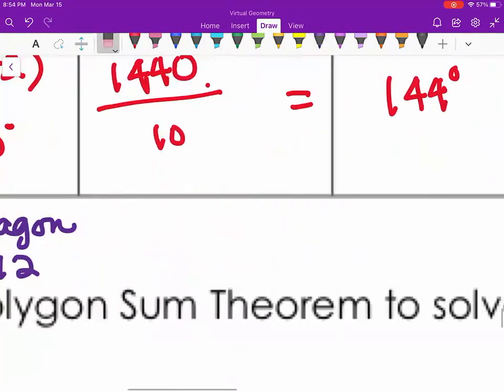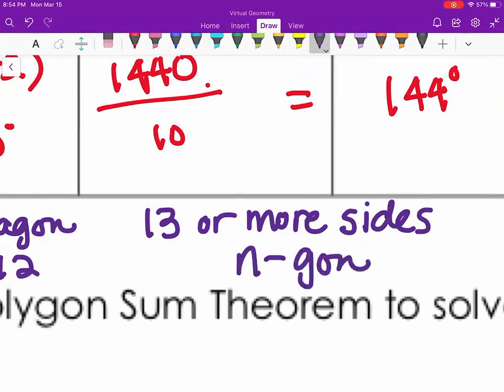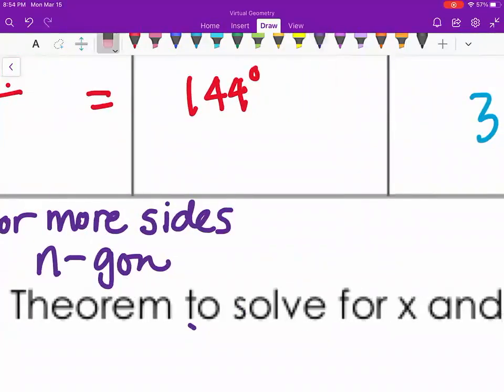Now, anything that is more than that, so 13 or more sides, we use how many sides it's got, and then we put gon at the end of it, meaning a 13-sided shape is a 13 gon, a 14-sided shape, a 14 gon, and so on and so forth.